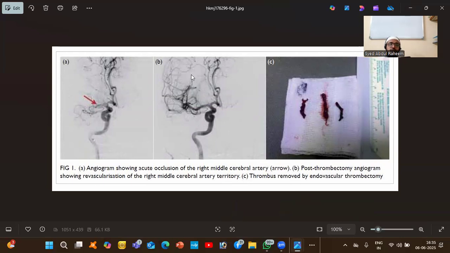After thrombectomy, the angiogram shows revascularization, meaning the vessels are functioning again. In the right mid cerebral artery, the thrombus is removed by thrombectomy within the vessels.